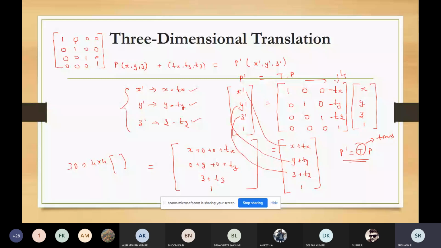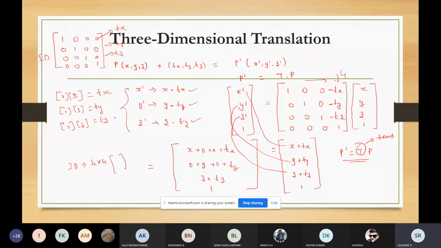Now for this identity matrix, you know that here you have to replace with tx, ty, tz. So you know the positions 0 0, 0 1, 0 2, 0 3. You can access the last position by 0 3, and you can assign the value tx. Similarly, first row, third element ty, second row, third element tz.